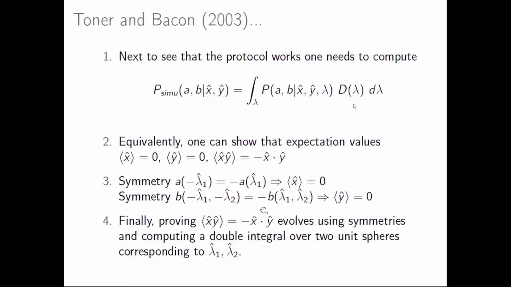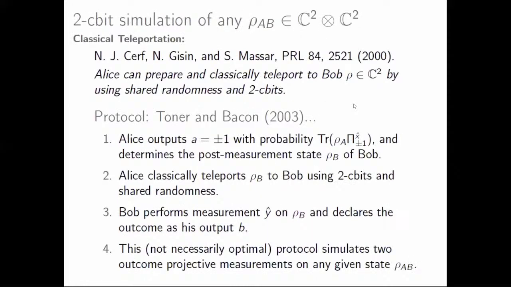So this one can be taken as a very interesting exercise, especially for younger students, to really appreciate this protocol. Now, in the same paper, Toner and Bacon also showed what happens if the state they take is any arbitrary state in C2 tensor C2.